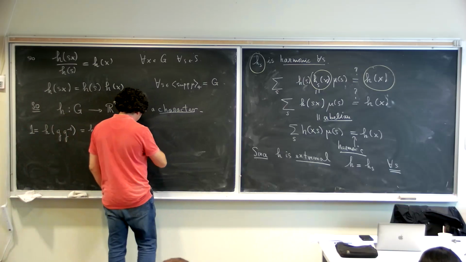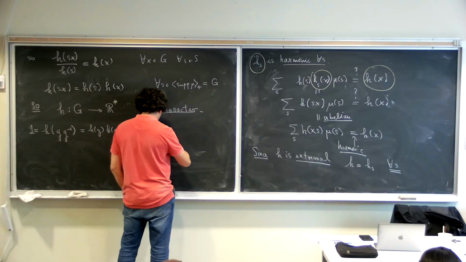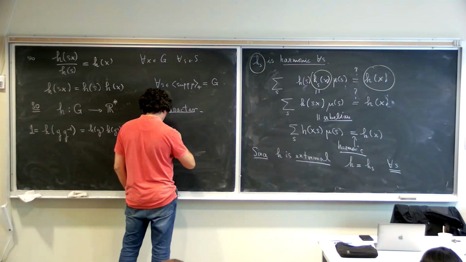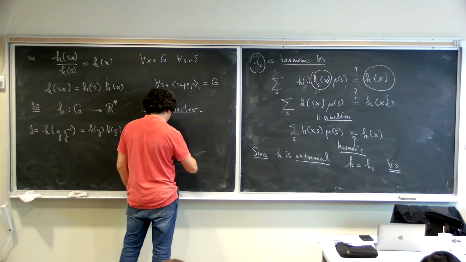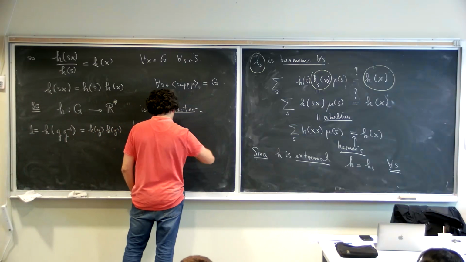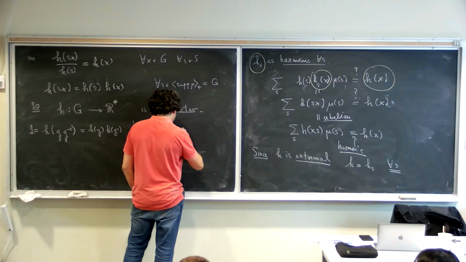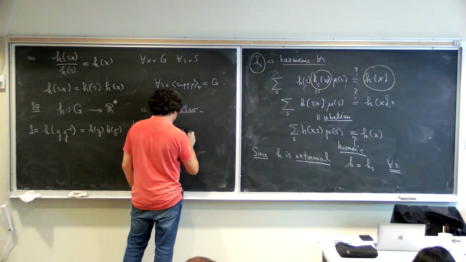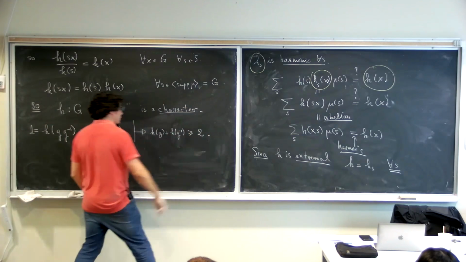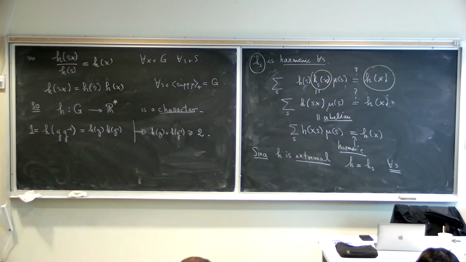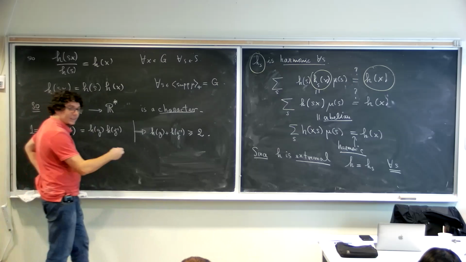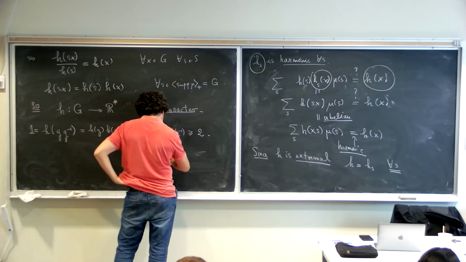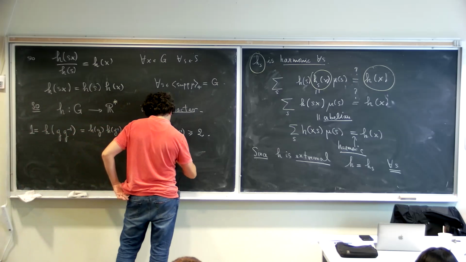So this implies that H of g plus H of g inverse, which is the same as H of g plus 1 over H of g, is at least 2.